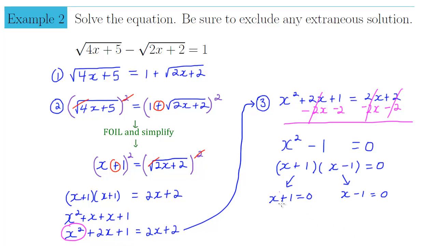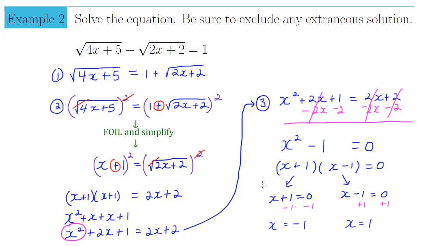Alright, so finally we have to isolate x by subtracting 1 from both sides on this first equation, which gives us x equals negative 1. On the second equation we add 1 to both sides, which leaves us with x equals positive 1. These are our proposed solutions.